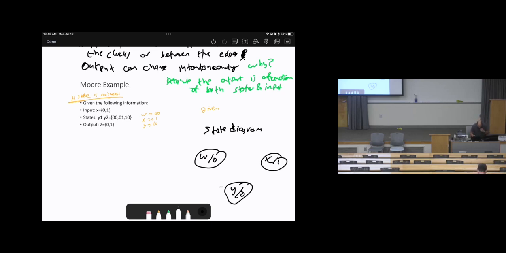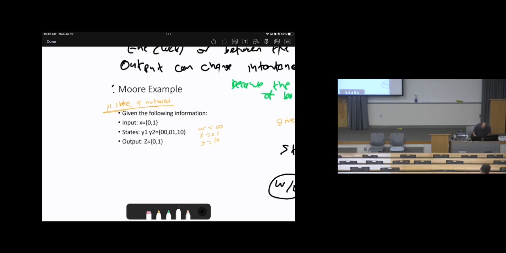So here we can write the scenario: the output is a function of states, not inputs. So only states. Okay?